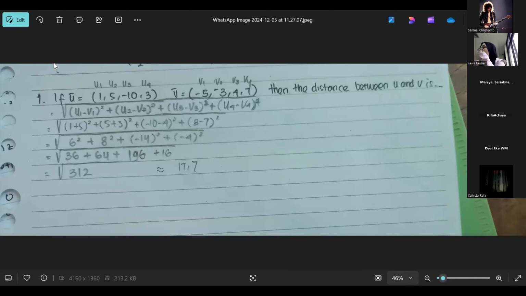Since vectors u and v are in a 4-dimensional space, we can use the distance formula between two vectors.